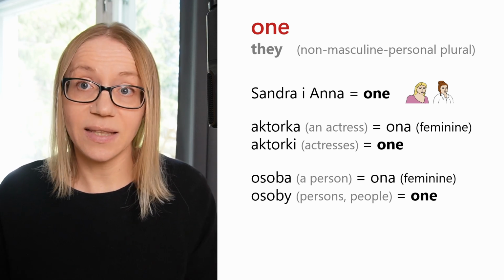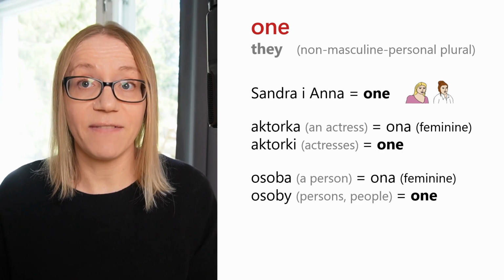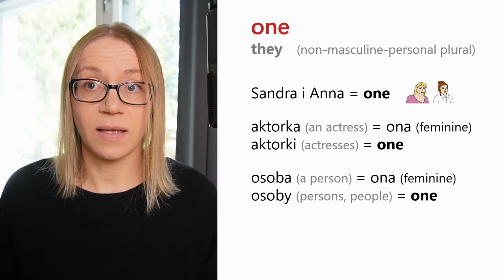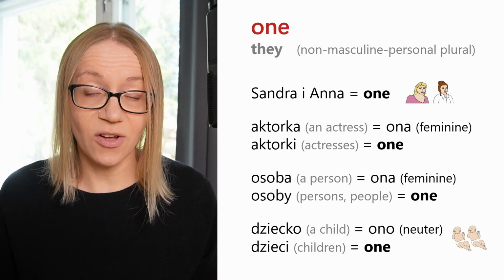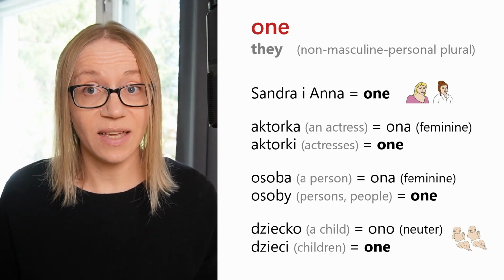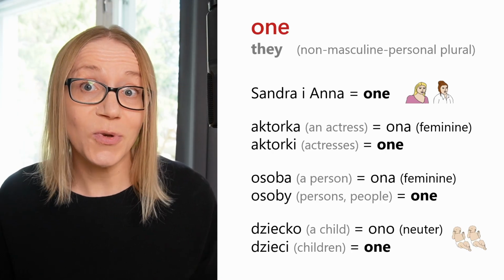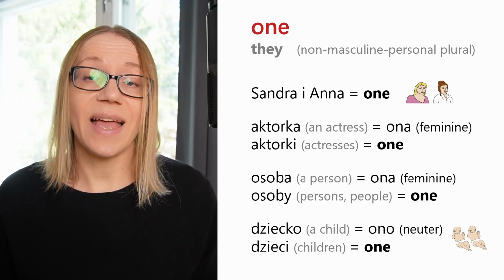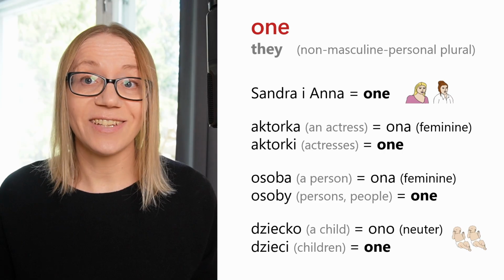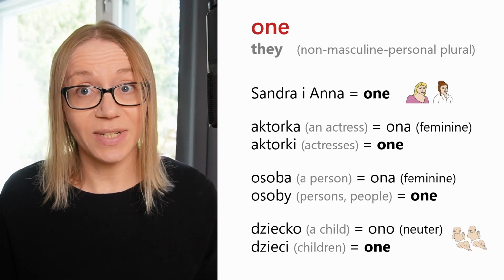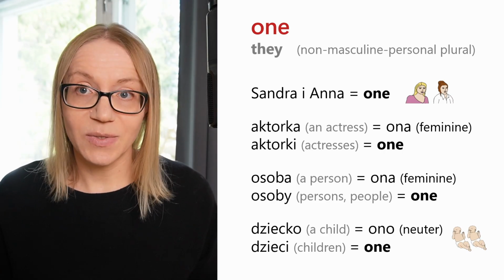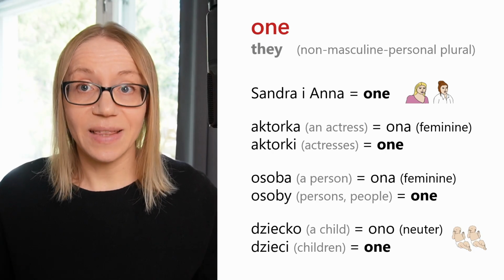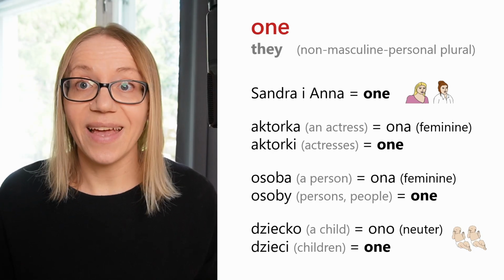It's because in the singular, we had a feminine noun. Another example, dziecko, it means a child, and this word is a neuter noun. In the singular, it's ono, and in the plural, it's dzieci, children. Because we had a neuter noun, in the plural, it's one as the pronoun.